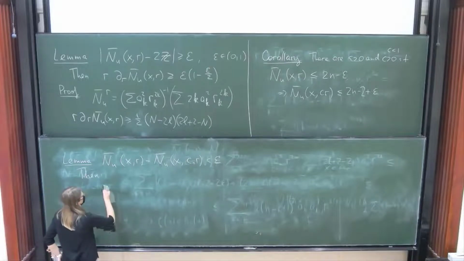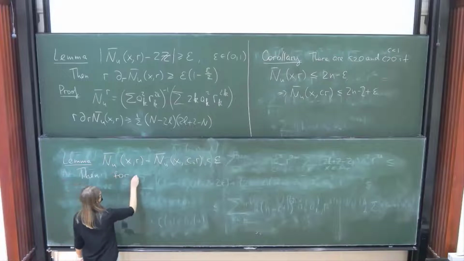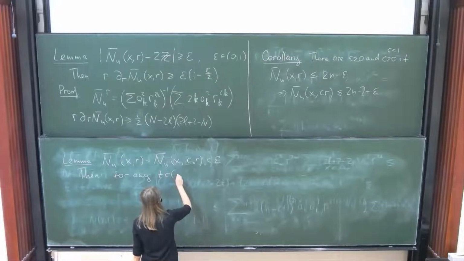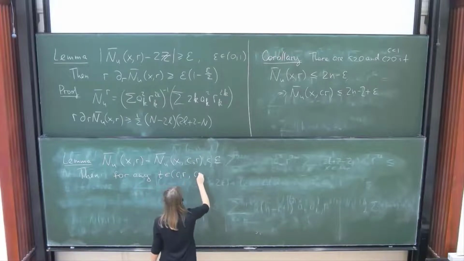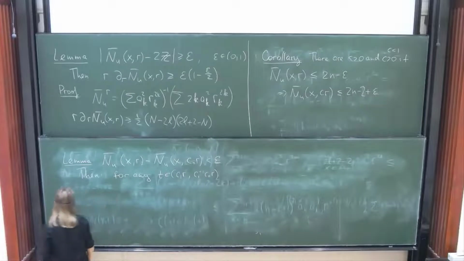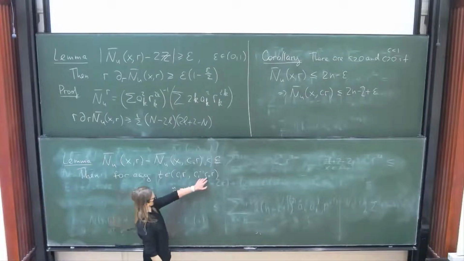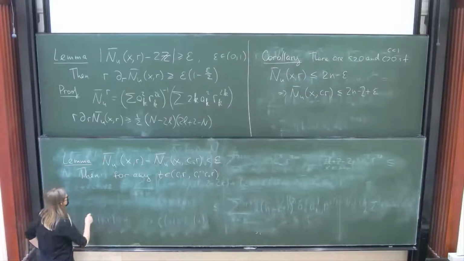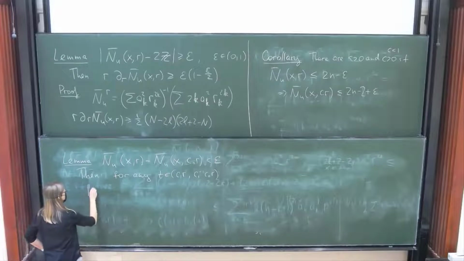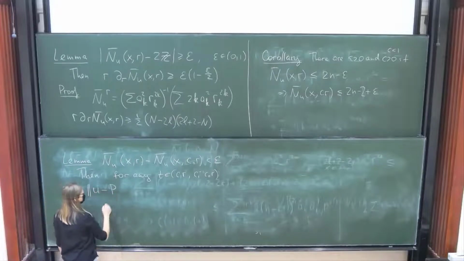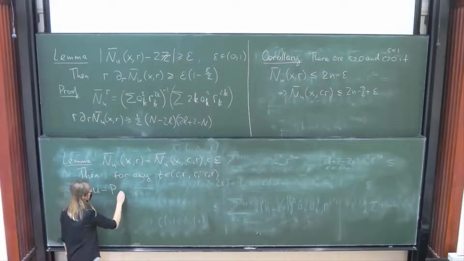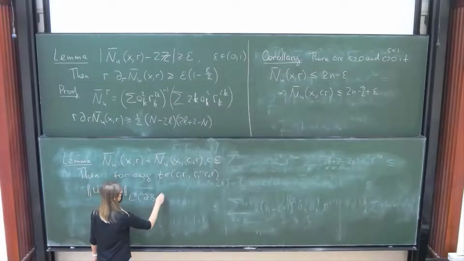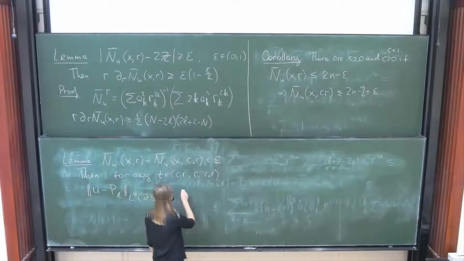So for any radius in the interval, where C1 is another small constant, but larger than C0, then in this interval, what we will have is that the L2 norm of the function minus the harmonic polynomial of degree L is bounded by a constant times epsilon.